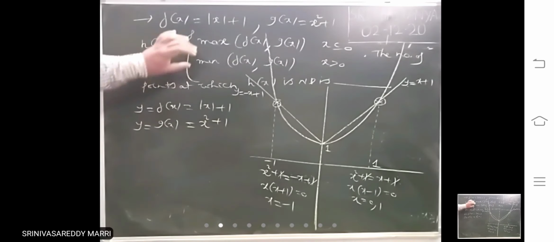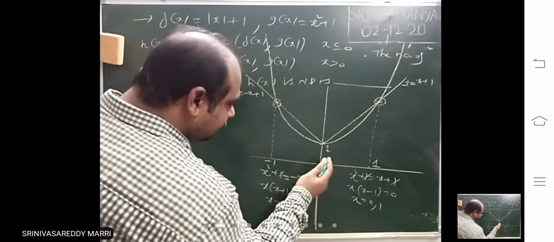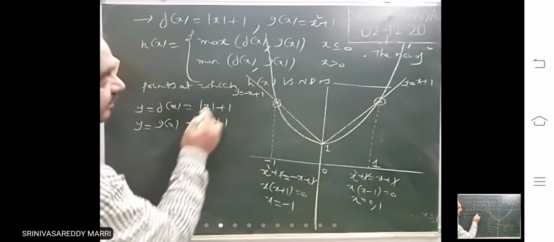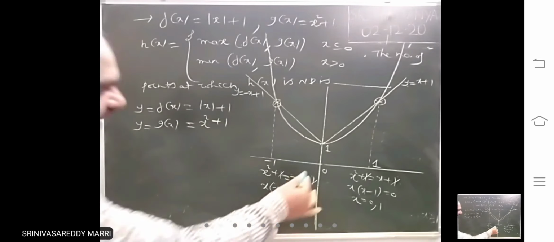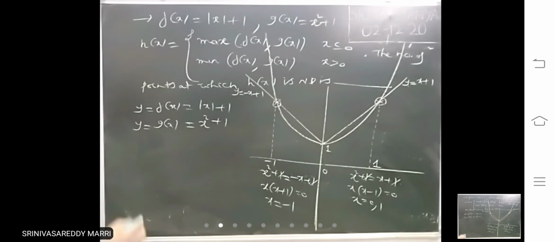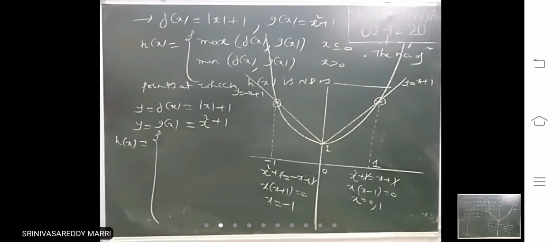Now look at what he is asking. When x less than or equal to 0, this side, maximum of f of x comma g of x. So this side, maximum of f of x comma g of x is what? h of x equals to, I am writing this one.